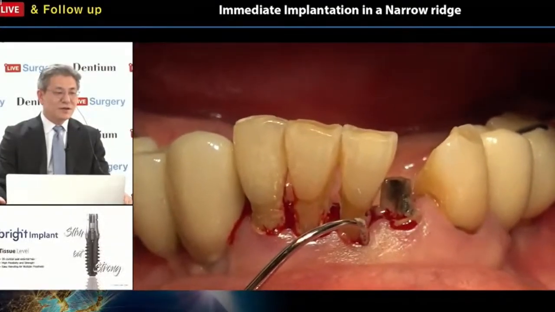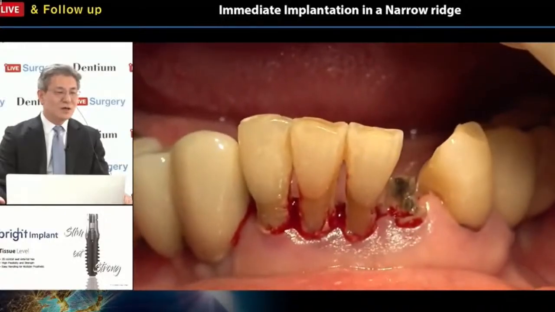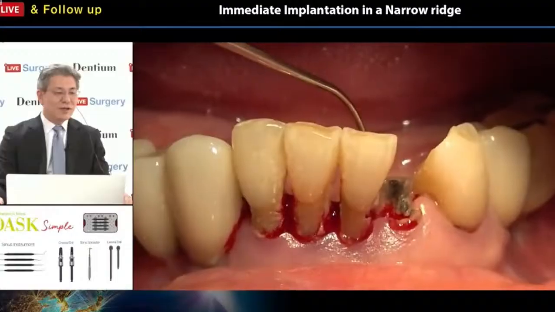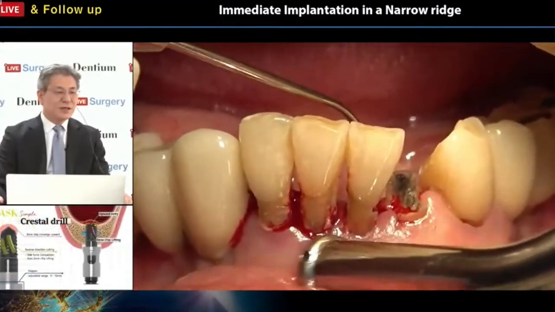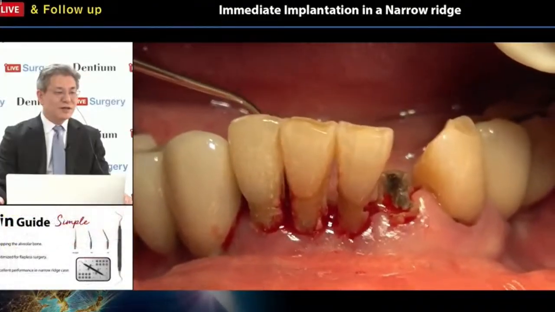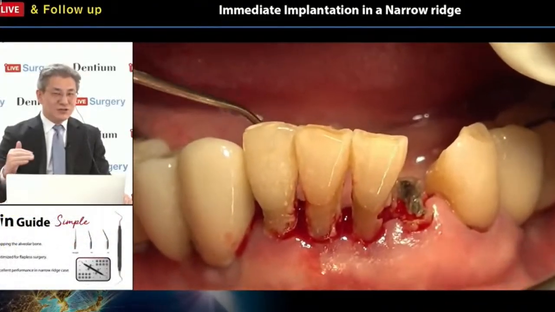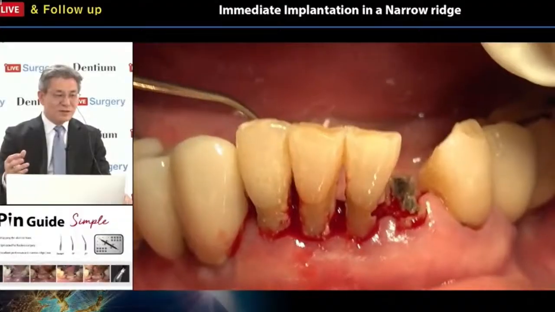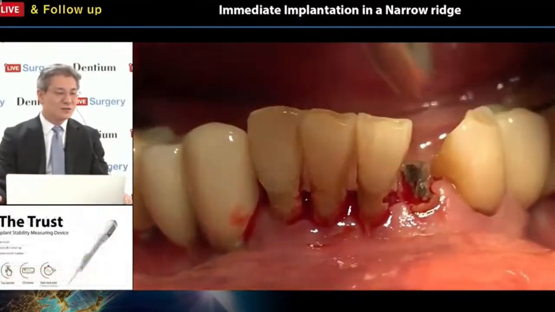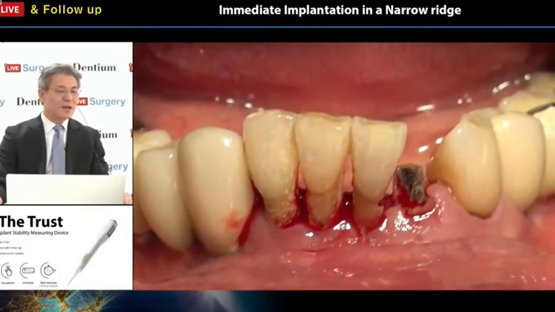All of these lower anterior teeth were a periodontally compromised case, so there is already gingival recession and bone recession. In this anterior area there is extrusion and mobility, so these are hopeless teeth and should be extracted.